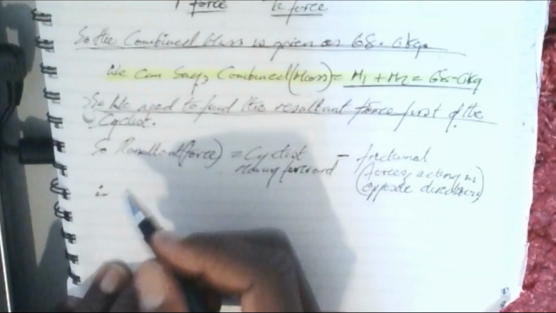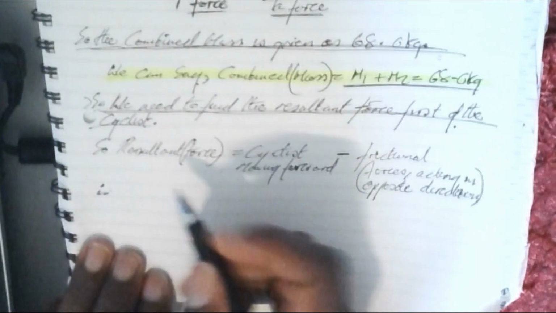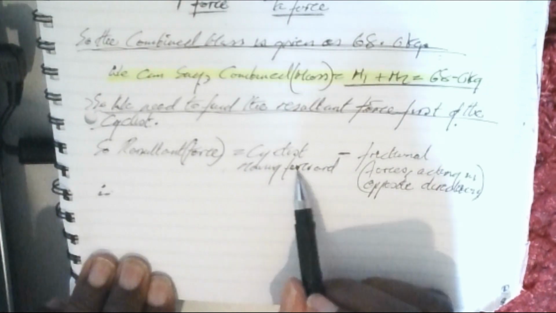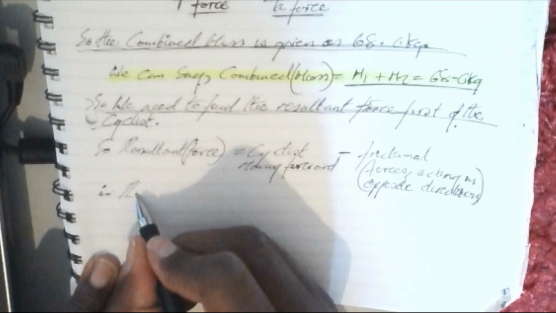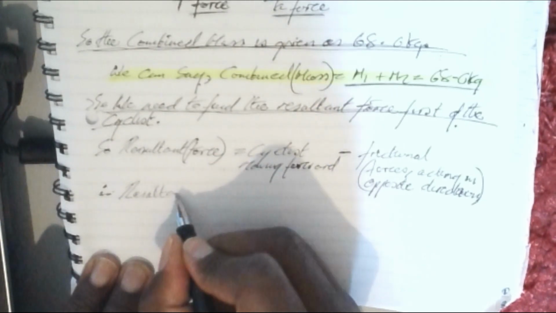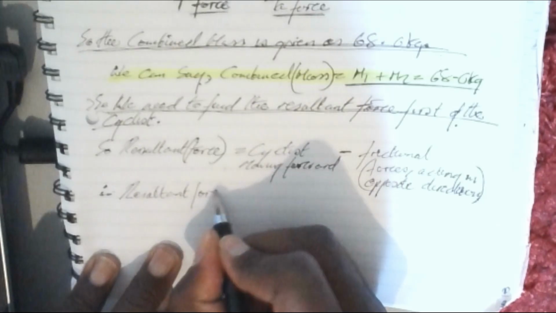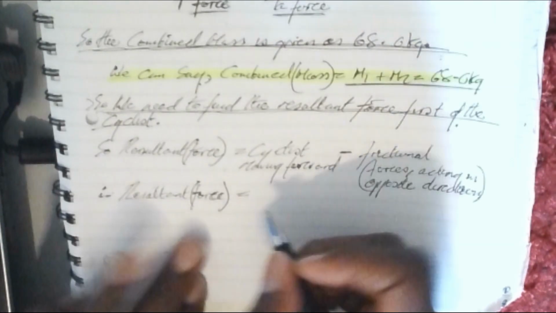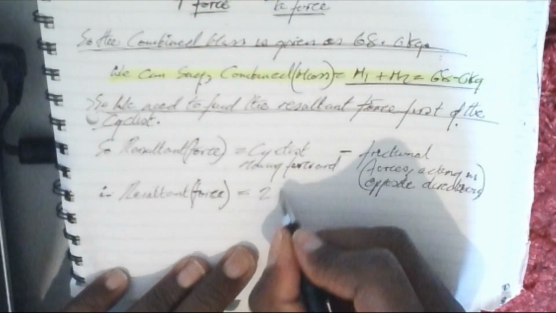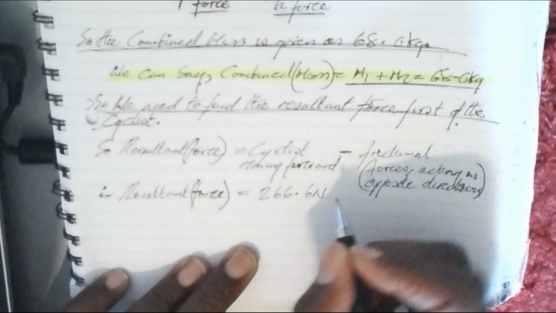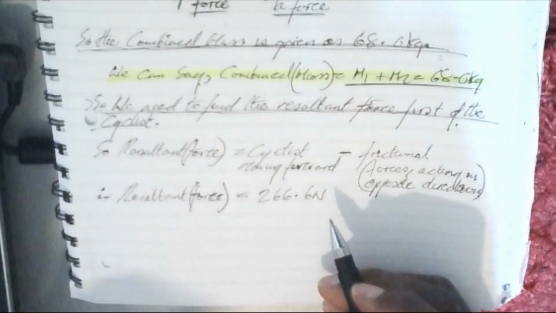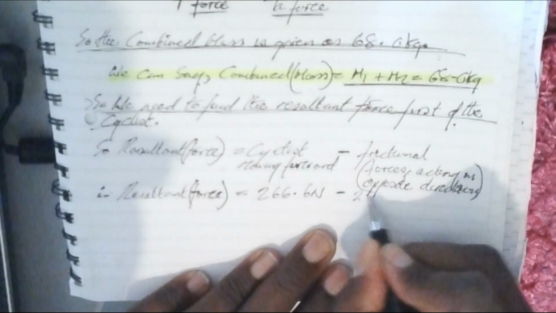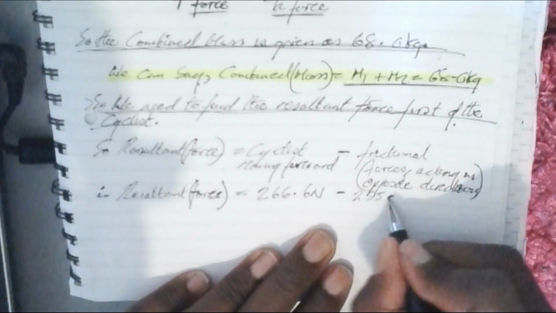Okay, so therefore the resultant force on the cyclist moving forward equals 266.6 newtons, that's the force the cyclist is exerting on the pedals, minus the frictional force acting in the opposite direction, which is 255.4 newtons.